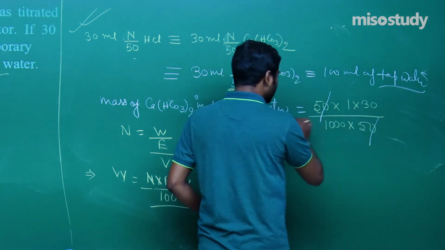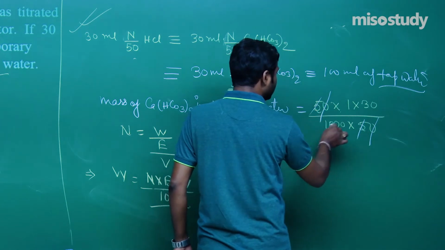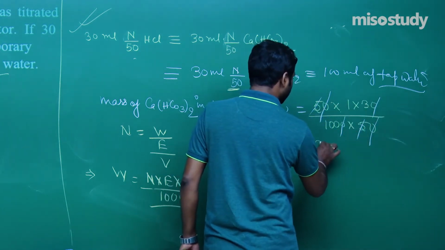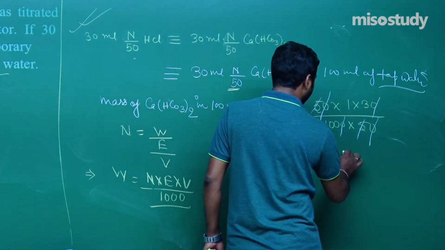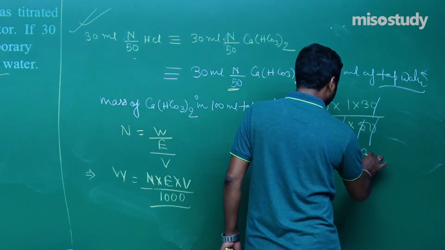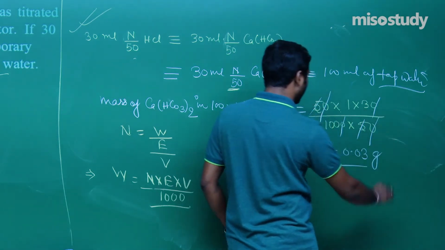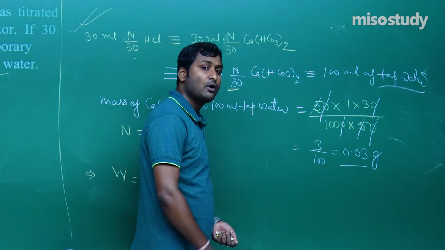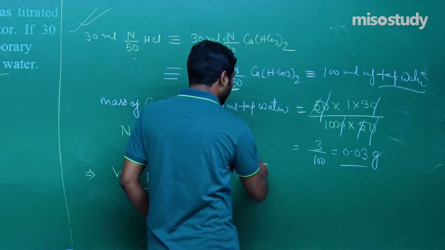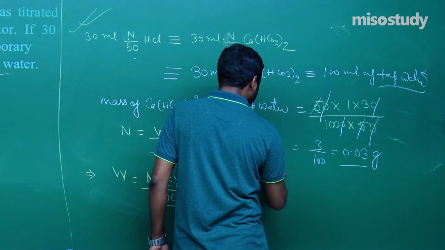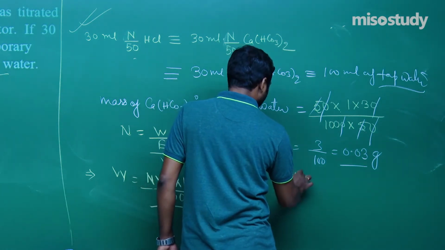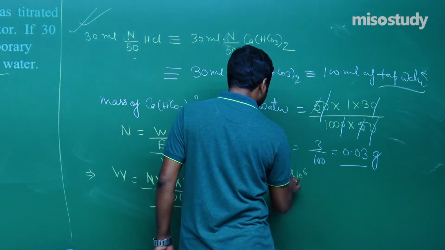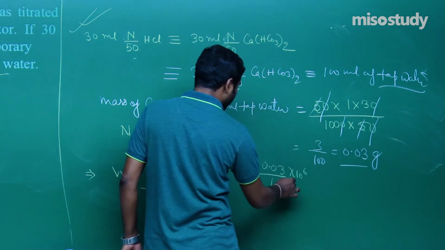Now this will cancel, this will cancel, this one cancel, that is 3 upon 100, that is 0.03 gram. Clear? That is 10 to the power 3. If I talk about 10 to the power 6, then what will happen? That is 0.03 multiply 10 to the power 6 divided by 10 to the power 3.